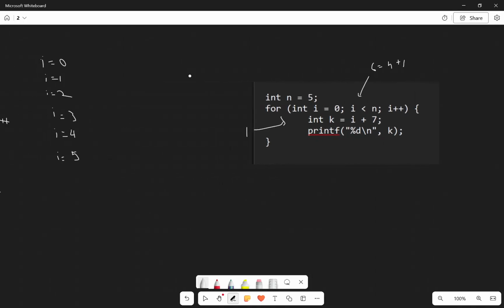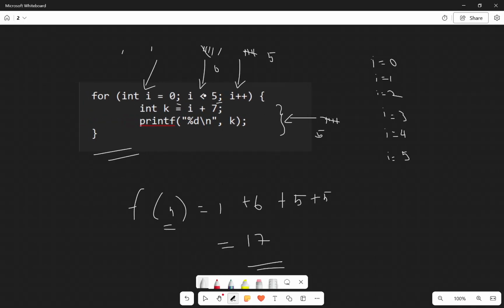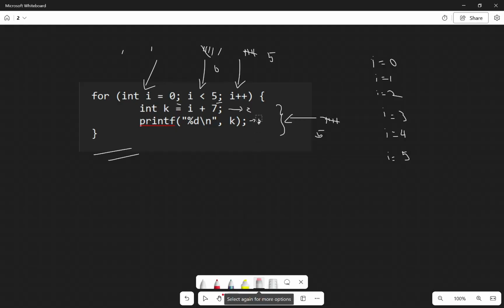Oh wait, I forgot to mention something. So over here, this part got executed 5 times. This is wrong actually. Sorry, forgot to mention something. So this body got executed 5 times. Within body, this one takes 1 step, just printing the value. So this one got executed 10 times because body got executed 5 times.